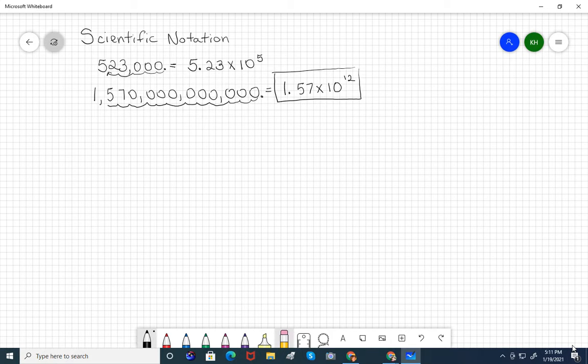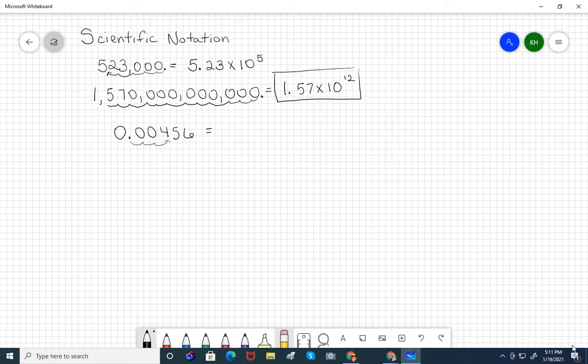Now, if we're writing numbers that are very small, these can be written in scientific notation, but this time when we do it, we actually need to divide by 10. So we still move the decimal, goes right there.